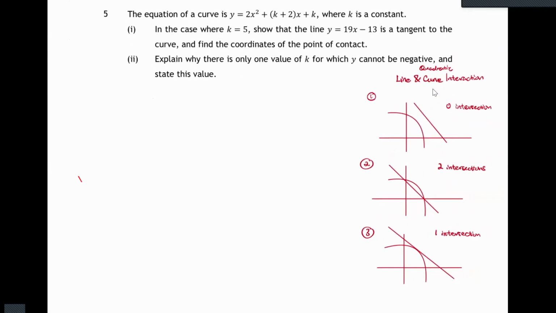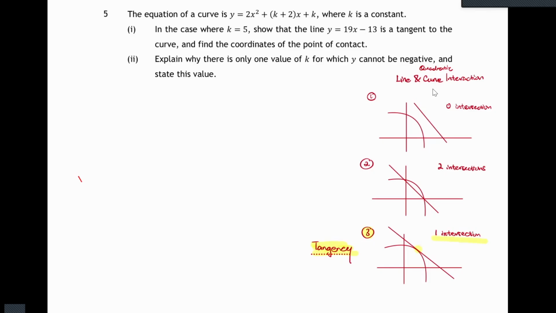So here they say show that the line is tangent to the curve. So this is when tangency occurs, case 3. When the question says show me that this line is tangent to the curve, essentially it's saying show me that the curve and the line only intersect at one point, and it is the point of tangency.